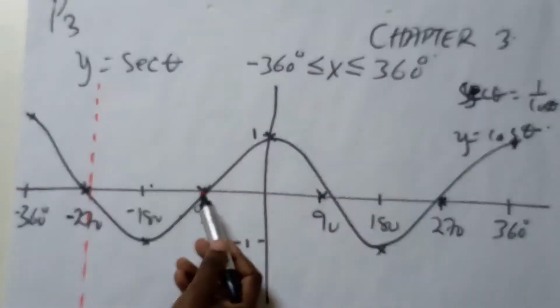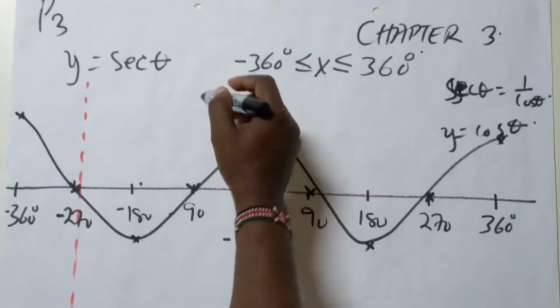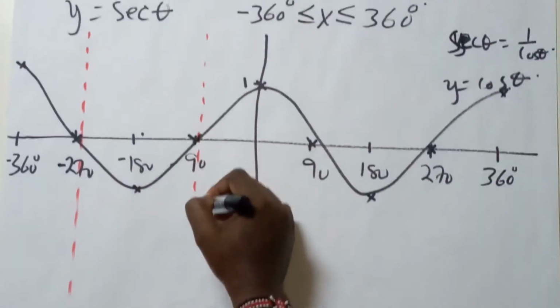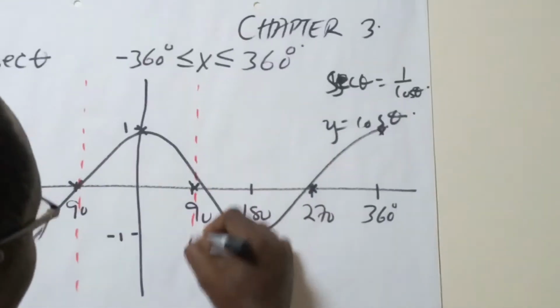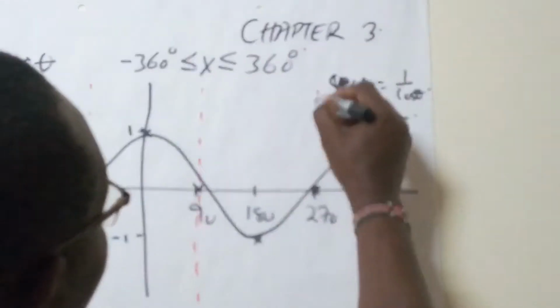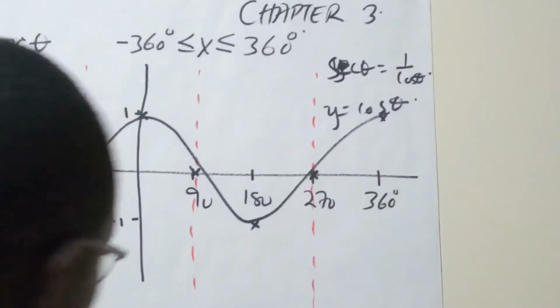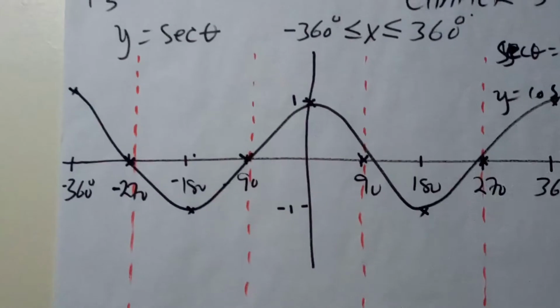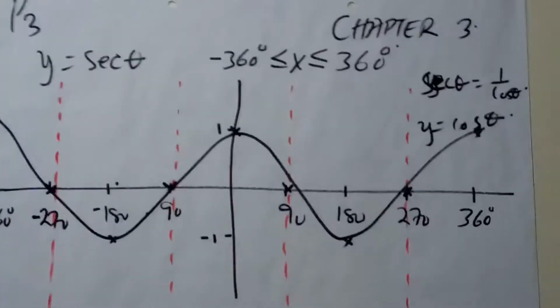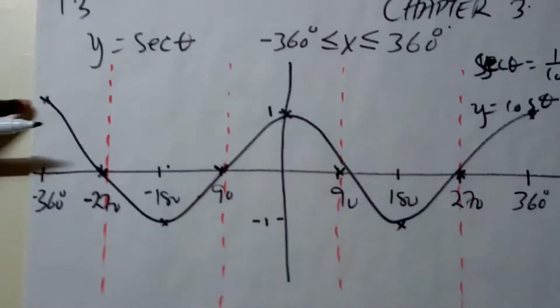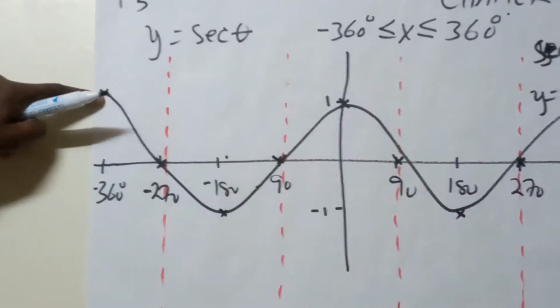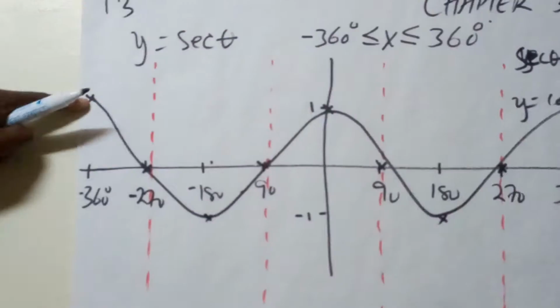Cosine negative 90 is 0, then 1 over 0 is undefined. There is going to be another asymptote over there, and another asymptote over there.